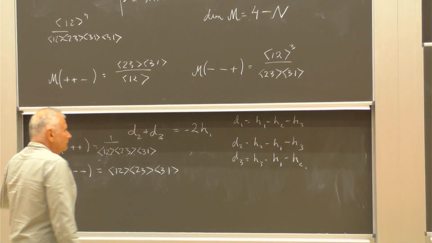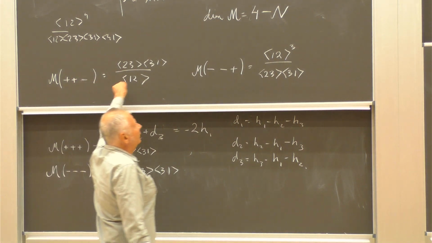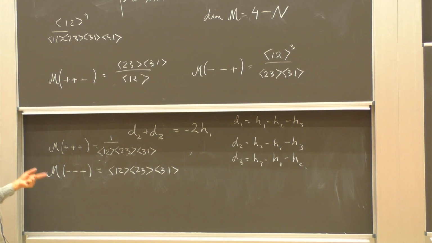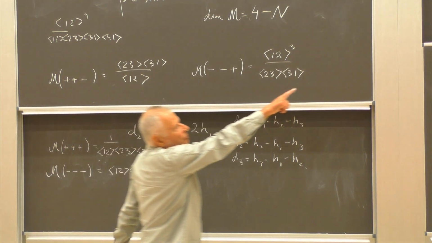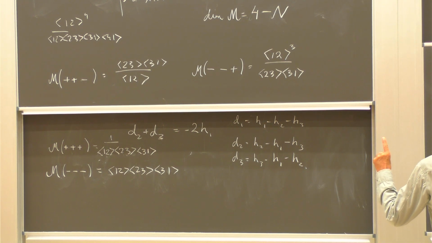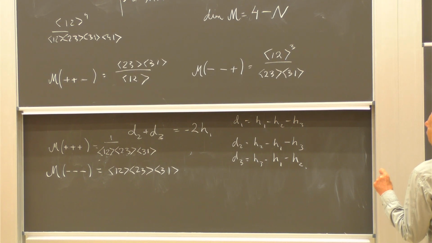So now, look, it's easy to see clearly that they have different dimensions, yes? In order to keep the dimension to be 4 minus 3, the dimension altogether should be 4 minus 3, 2.